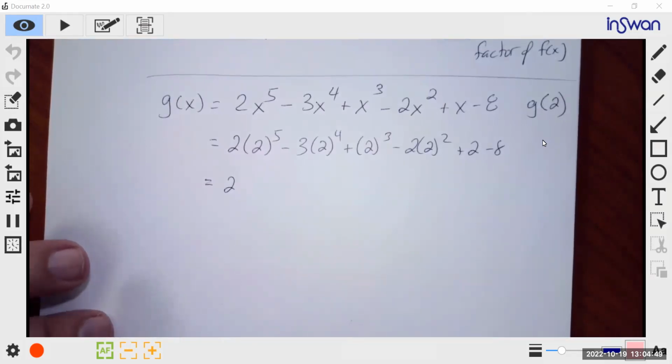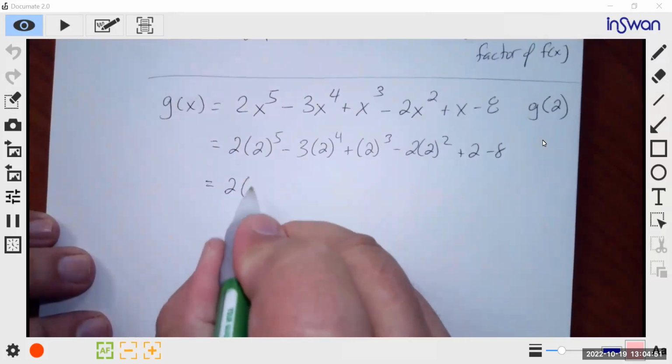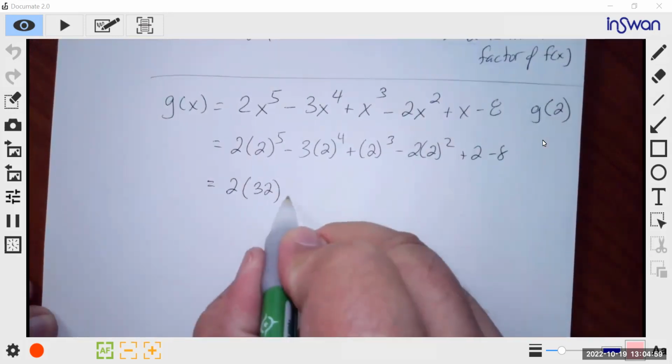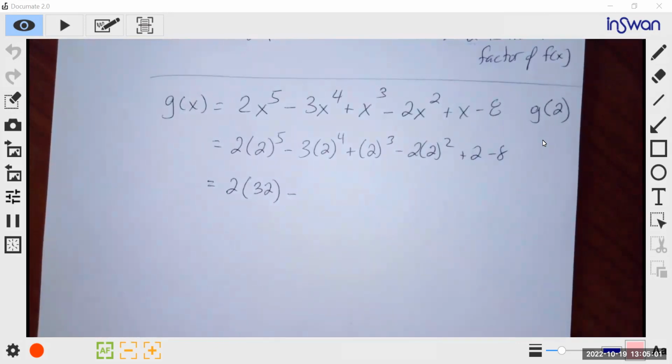Eight, 16, 32. How did you get 32 so fast? 2, 4, 8, 16, 32. That's only 4 times, right? 2 times 2 is 4, times 2 is 8, times 2 is 16, times 2 is 32. Oh, okay.